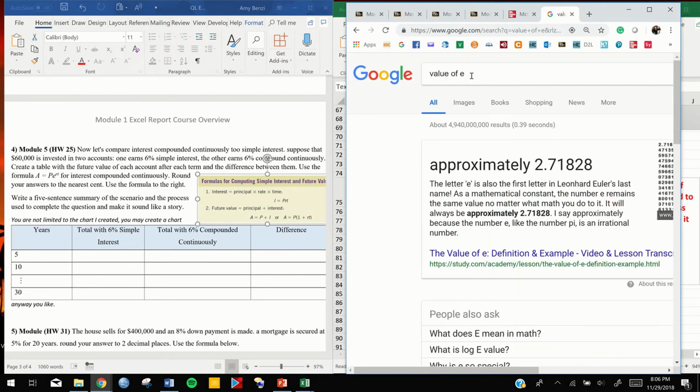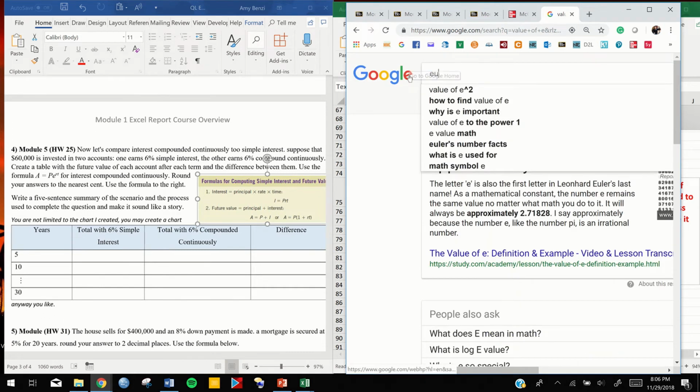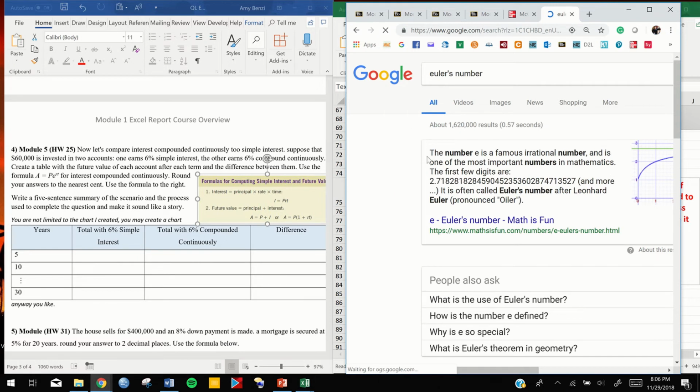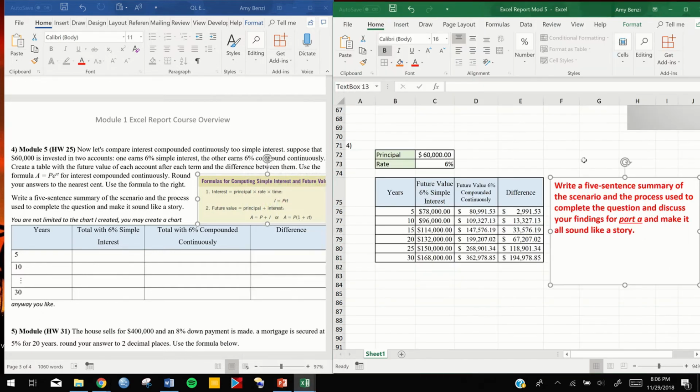Let me see if I can find this here. I might be spelling it wrong. I did spell it wrong, but Google knows what I meant, don't they? All right, so here, if you look up Euler's number, I know it looks like it says Euler's, but it is pronounced Oilers usually. But look this up. It's cool. You can learn some really neat stuff and find something a little extra cool to add into your summary. All right, I am going to move on to number 5.